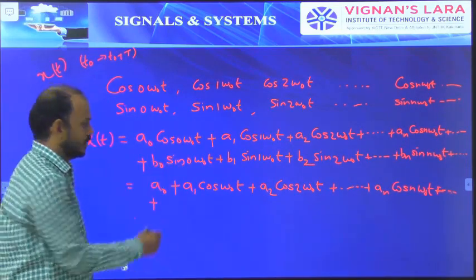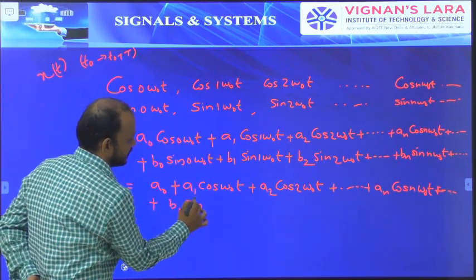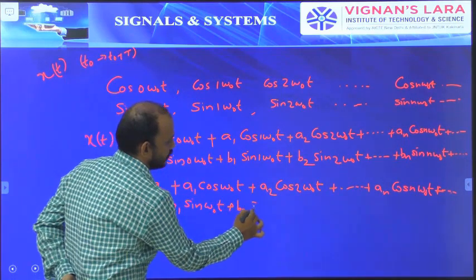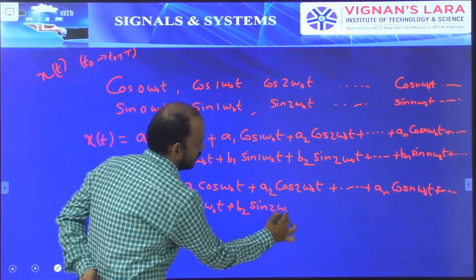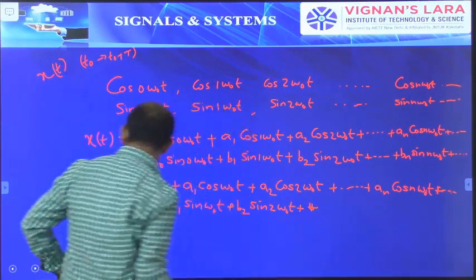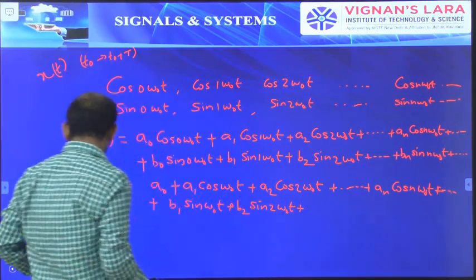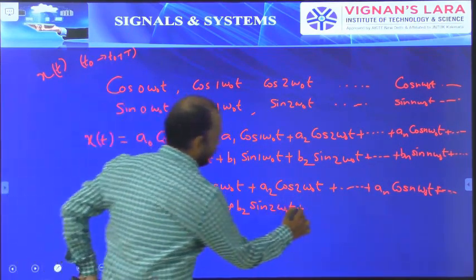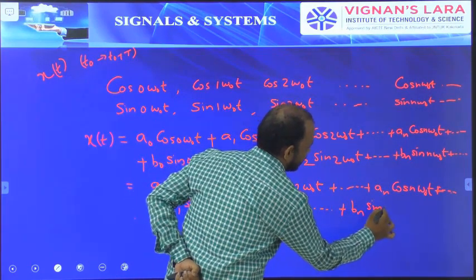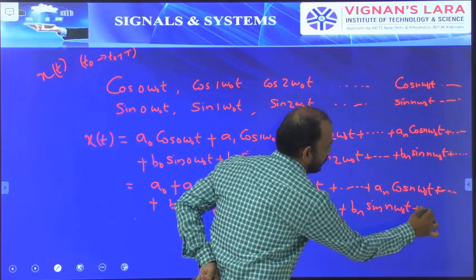So you can write directly b1 sin omega naught t plus b2 sin 2 omega naught t plus so on, plus bn sin n omega naught t plus so on.